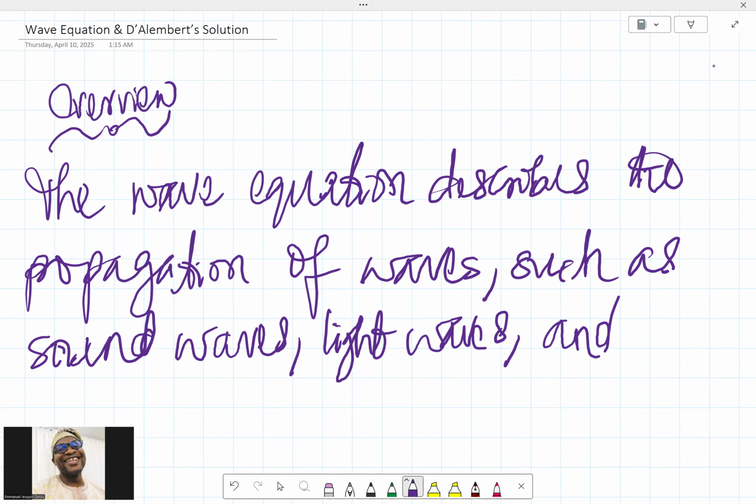But then we can apply initial conditions. To solve the wave equation for a specific problem, we need to apply initial conditions.